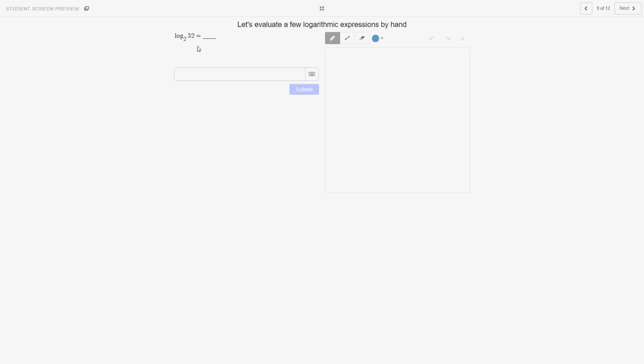So, in class I had everybody kind of do these on their own. I would set that equal to x, so 2 to the x equals 32. 32 can be rewritten as 2 to the 5th. So the answer there is 5.